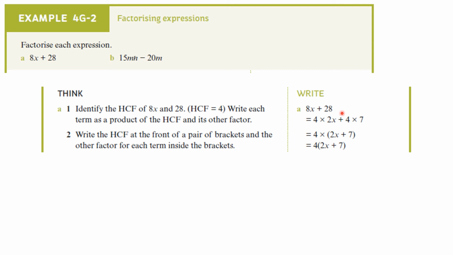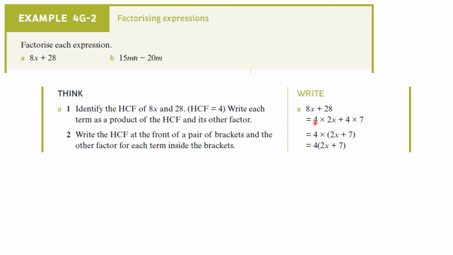So, now that we know that the highest common factor is 4, we can start to split up each of these terms into their multiplications using the number 4. So 8x can be rewritten as 4 times 2x, and 28 can be rewritten as 4 times 7.